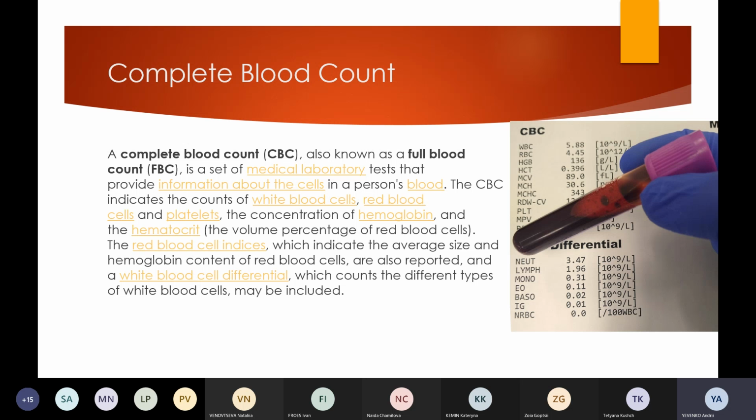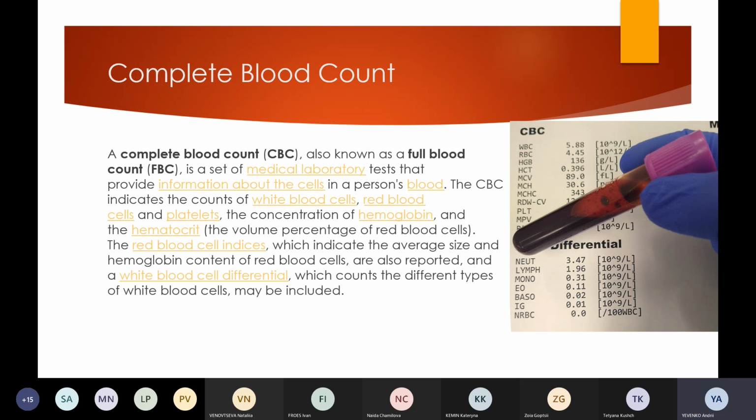Today we will be talking mostly about white blood cells, but for your information, complete blood count also includes red blood cells, so we can determine whether there are enough red blood cells to carry oxygen, and platelets. Platelets are important in that they regulate blood clotting, so they're also very important.